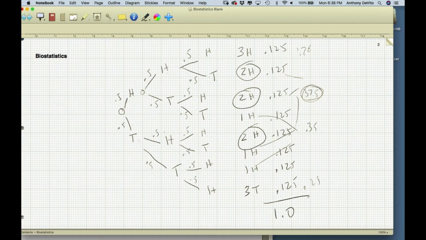What's the likelihood we only get 20 heads? Probably not very likely, right? The likelihood is probably vanishingly small that we get only 20.